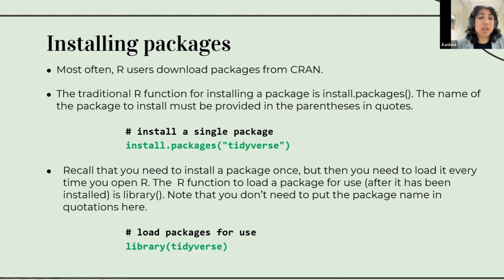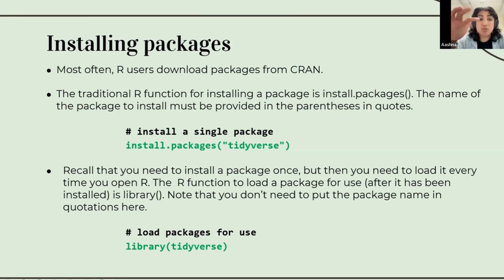There are different ways of installing and downloading packages into R. Traditionally, it's a very simple function called install.packages. And then whatever you'd like to download from the big library, you just put it in quotations, and that allows you to install a single package.